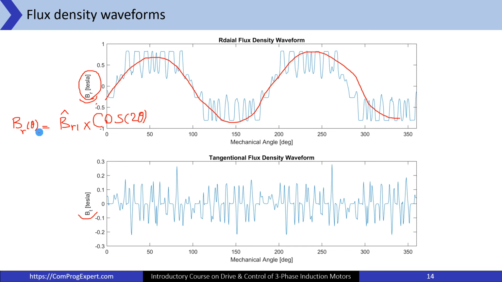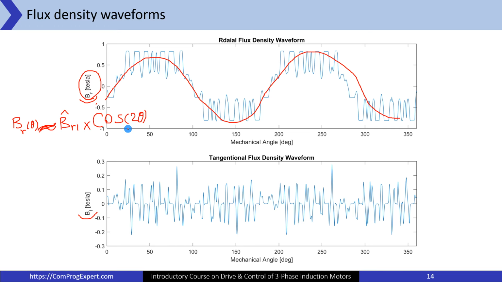This is not equal; actually, I should write approximation in the abstract model. We can develop a detailed model for the induction motor considering all higher harmonics, and these models are available.